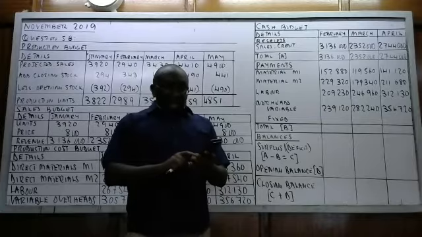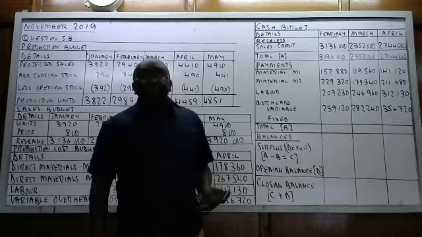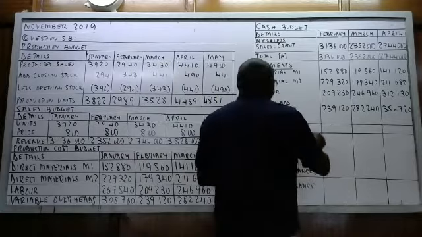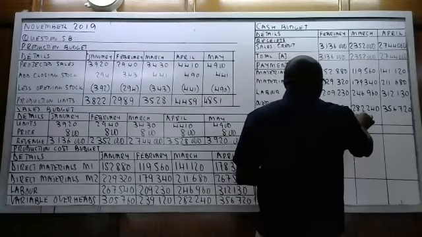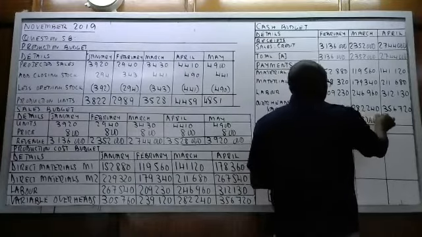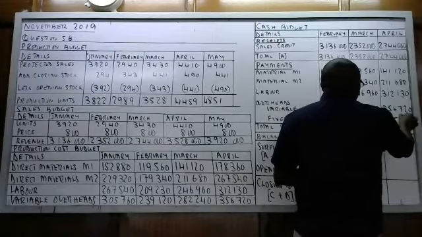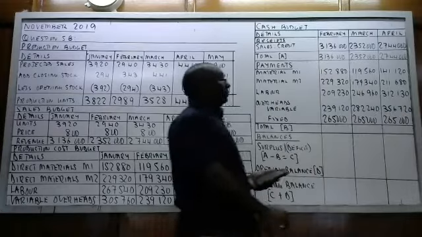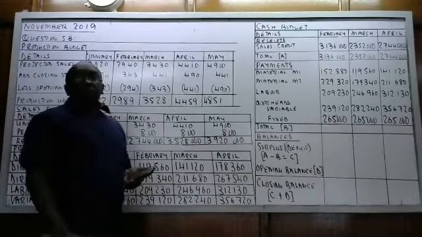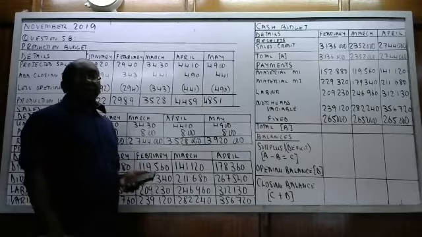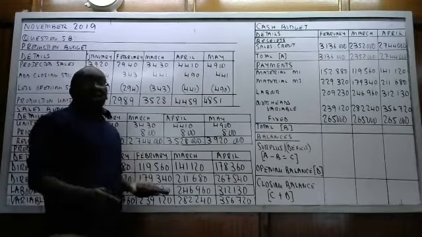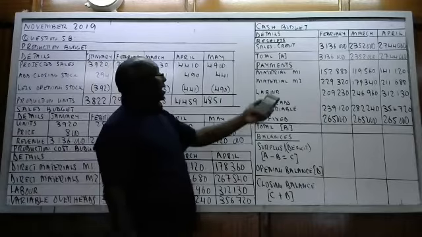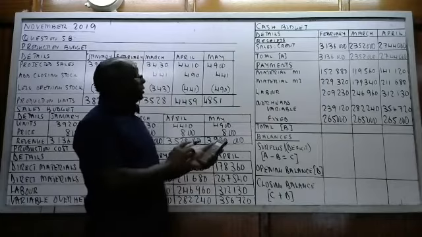So that would be 300 less 35. We talk of 265,000. 265,000. 265,000. So we are okay.